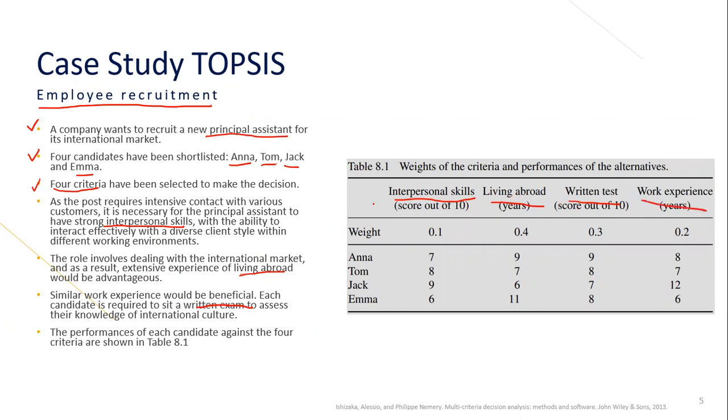And the last one is their work experience, how experienced they are in this field, measured as the number of years they have already worked in a related field. This is called the criteria. There are 4 criteria, and then there are 4 alternatives.